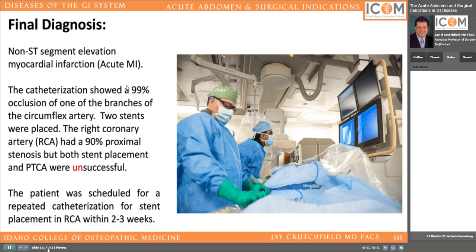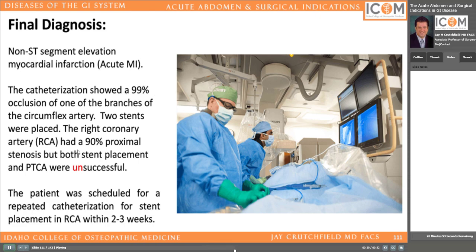So we still have yet to explain the patient's fever, but she is severely hypertensive and has a low-grade fever in addition to right lower quadrant pain. But our EKG suggests an acute MI, and our final diagnosis was a non-ST segment elevation MI. The patient underwent coronary catheterization, which showed a 99% occlusion in one of the branches of the circumflex.